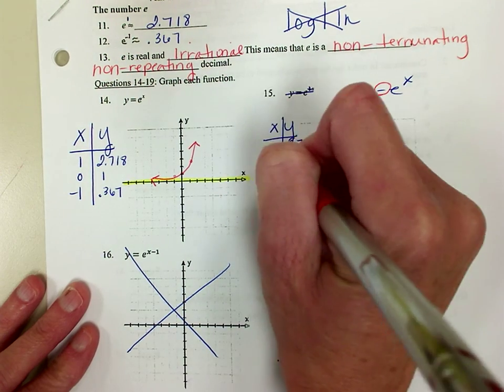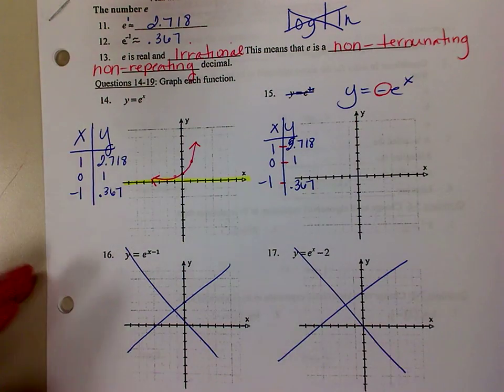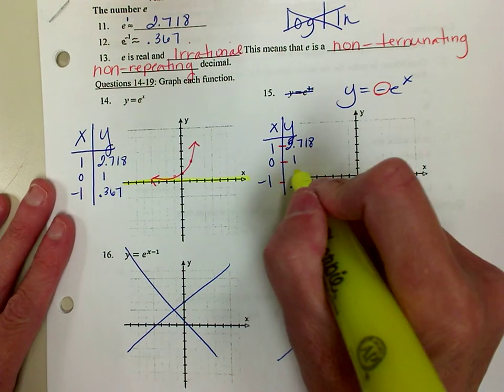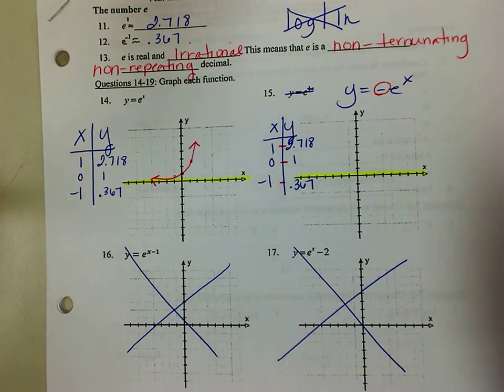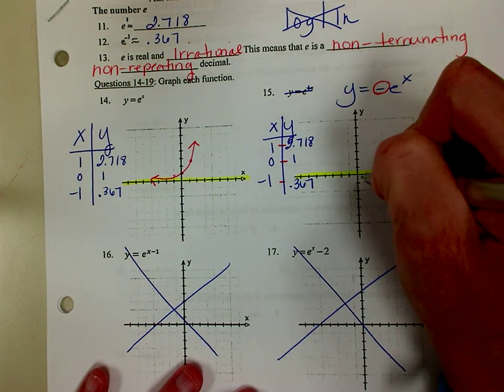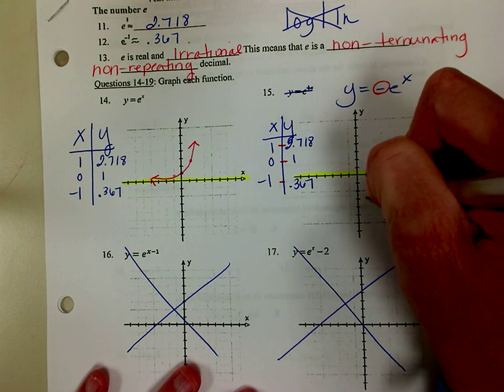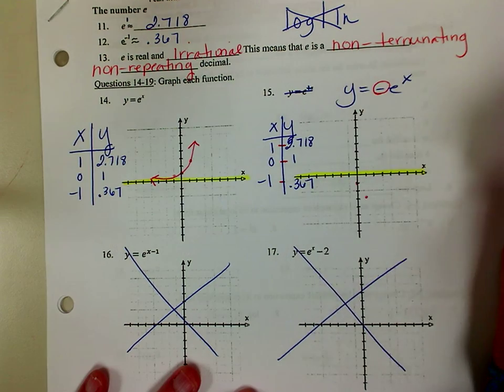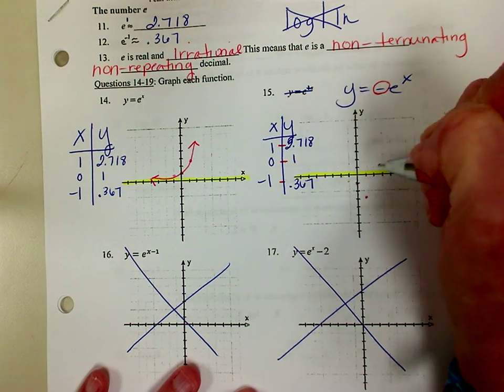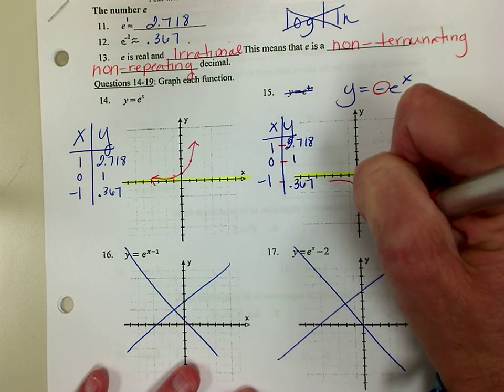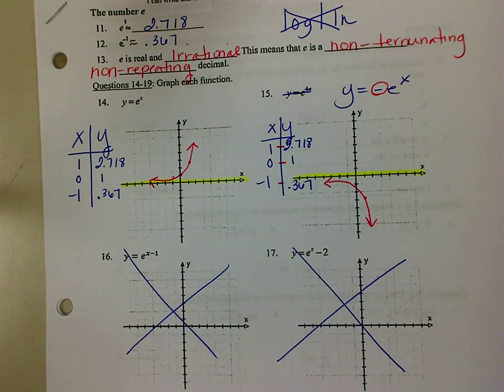So I'm going to change all these to negative. Okay, I got to draw this in here, and then I cannot cross that line. So over 1 down to -2.718, 0, -1, -1 down a little bit. That's what number 15 should look like. It flipped it upside down.